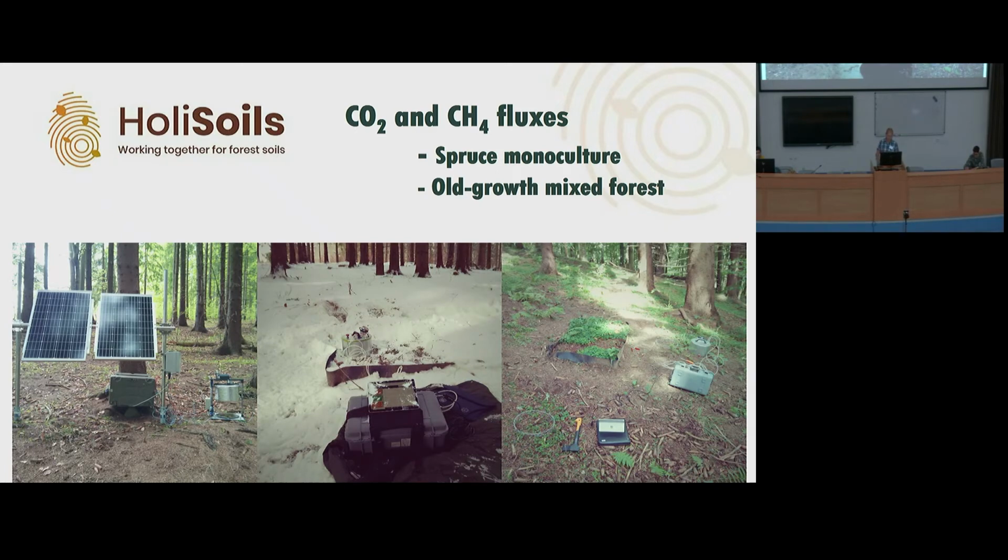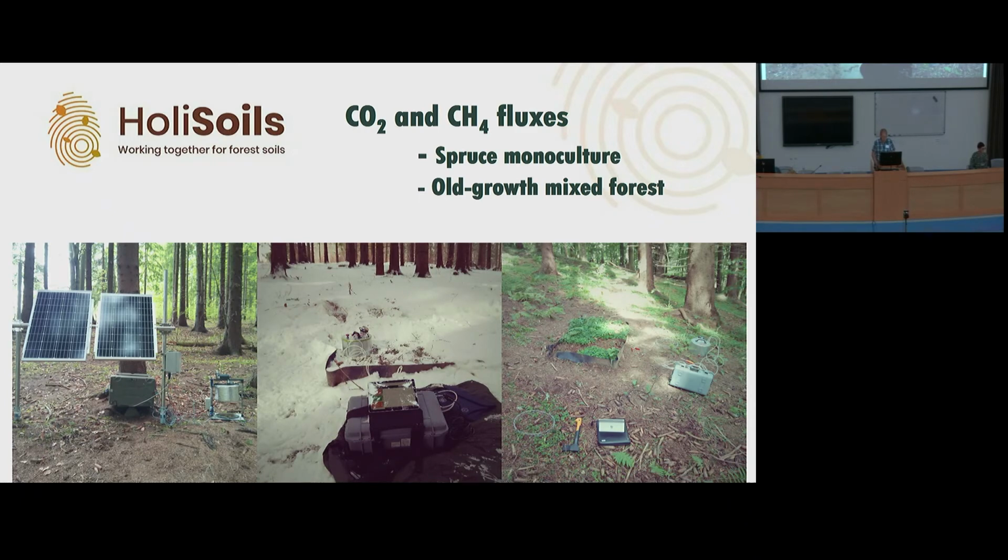In that experiment, we continually measure CO2 and methane fluxes in a spruce monoculture that is near the old-growth mixed forest. So we just compare these fluxes between these two forest types.